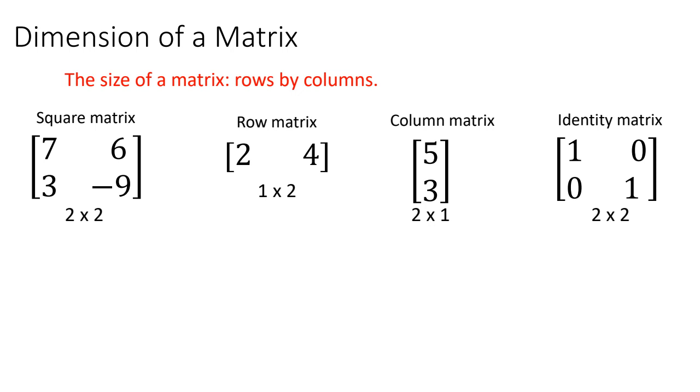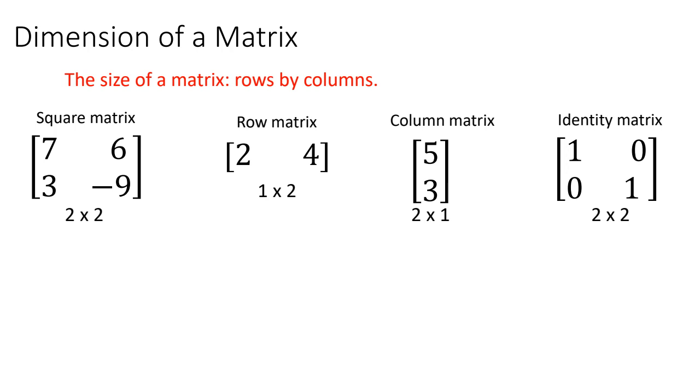When we are looking at the size of a matrix, we call this its dimensions, and the dimensions are going to be crucial when we're doing operations with our matrices. The way we determine the dimension of a matrix is we label it by its number of rows by its number of columns.